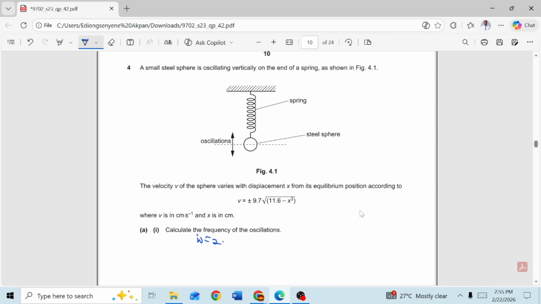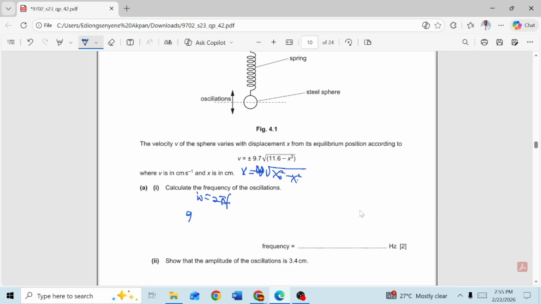Omega equal to 2 pi f. From this expression, we can compare it with v equal to omega times square root of x naught squared minus x squared. So 9.7 equal to 2 pi f. f equal to 9.7 divided by 2 pi, and this gives us 1.54.